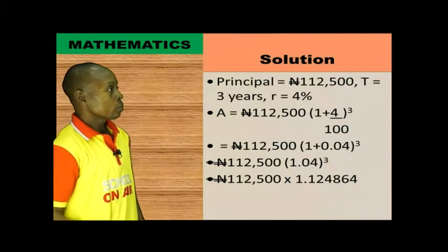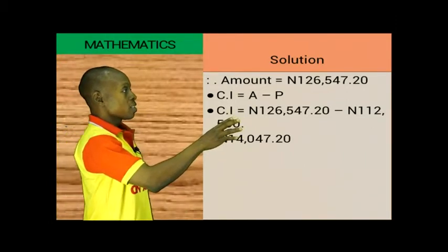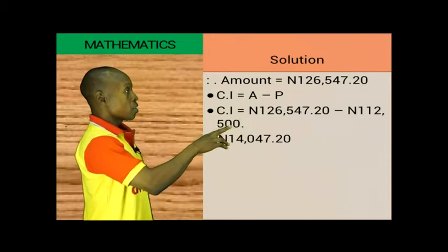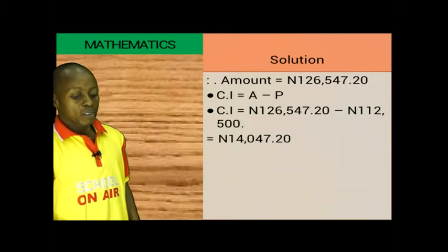At the end of the day we got the amount to be 126,547 naira 20 kobo. And to get the compound interest, we said amount minus principal, so we have 14,047 naira 20 kobo at the end of the day.